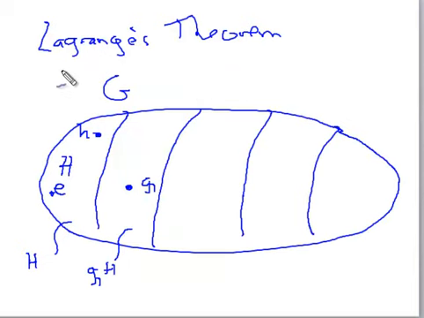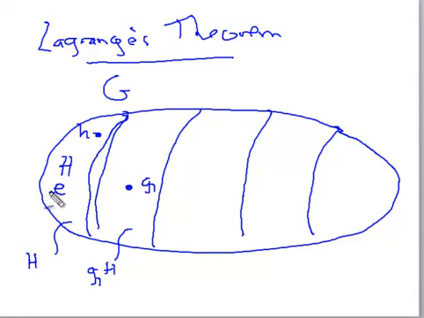This is going to formalize some things we've already talked about. I'm representing here the entire group G as this big sausage, and this subgroup H is a slice of this big sausage. The subgroup H is this end piece here.